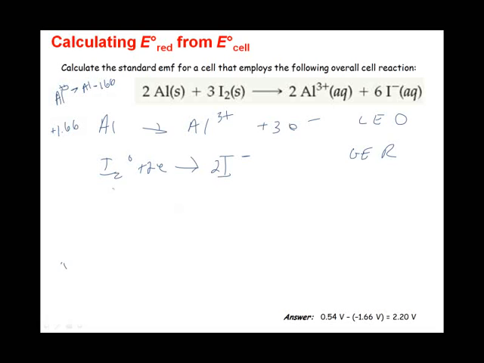And then iodine, it says I2 plus 2 electrons to 2 I minus is 0.53. So the cell potential is the combination of the two, which is going to be 2.19 volts. The table's a little different than the table in the book, so that's why it's not quite exactly the same.